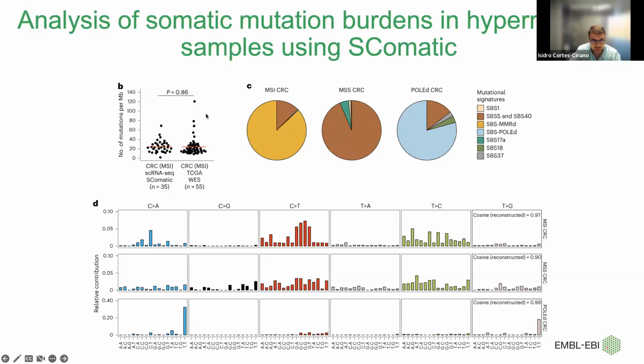Related to what I've mentioned, the rate of somatic mutations that we detect in the single cell data for microsatellite stable tumors is comparable to what we determined using exome sequencing data, again reinforcing the notion that with SComatic and single cell datasets we can estimate mutational burdens.